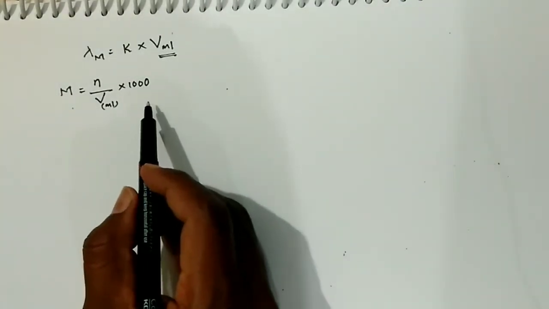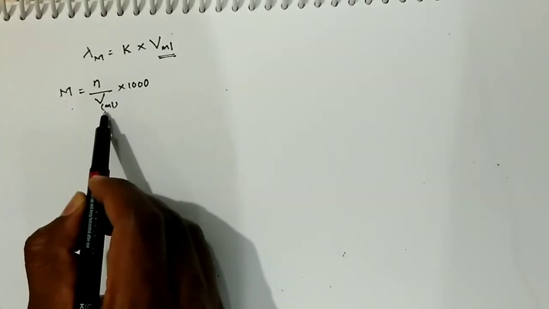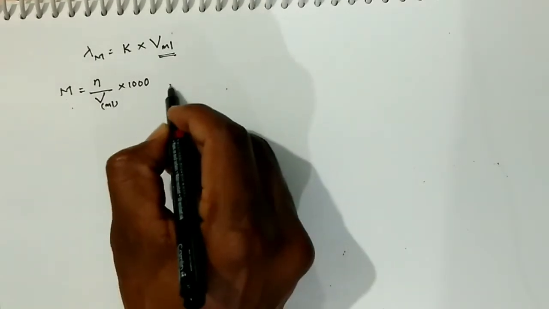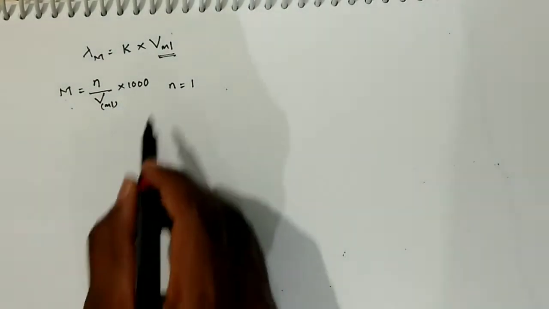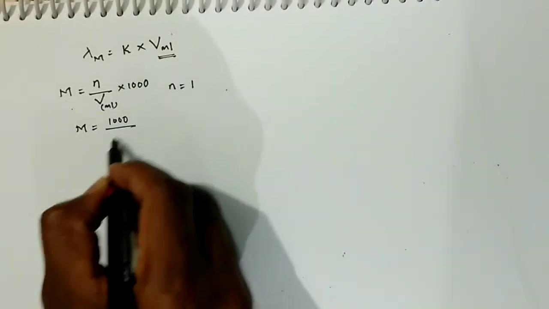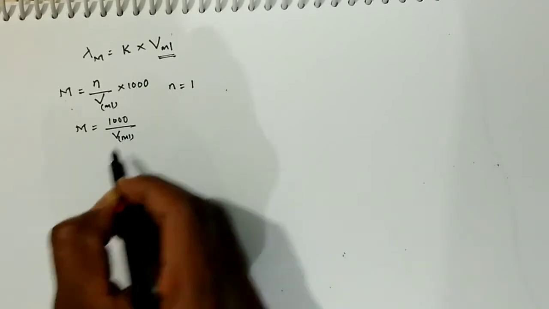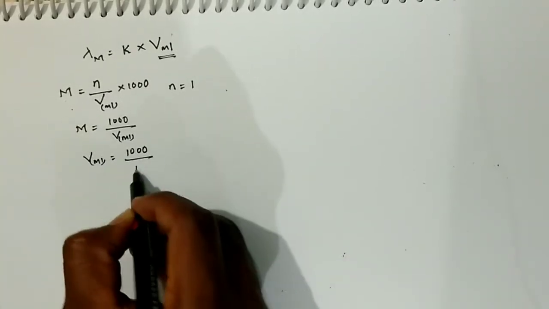You might have learned in concentration terms, molarity equals number of moles by volume into 1000. But how many moles of electrolyte are we taking? 1 mole. So n equals 1, then molarity equals 1000 by V. V in mL is equal to 1000 by molarity.